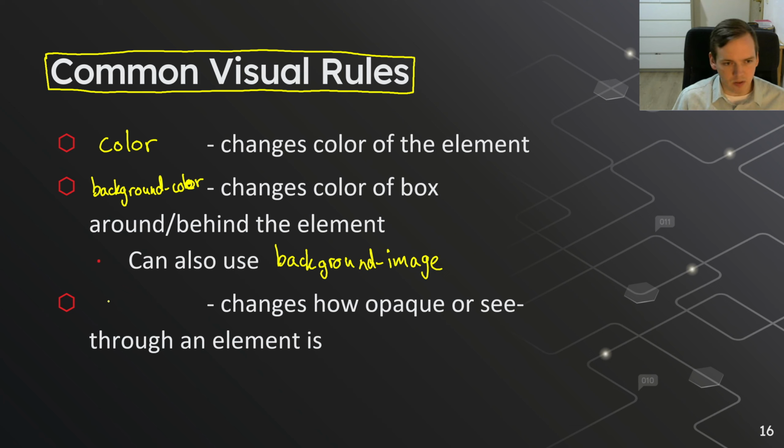And then lastly, you've got opacity, which changes how opaque or see-through an element is. So if you set the opacity to one extreme, it won't actually show up on the page. It'll be invisible because you can see through it. If you set it to the other extreme, it'll block anything behind it. But if you set it somewhere in the middle, you can kind of see through it a little bit.